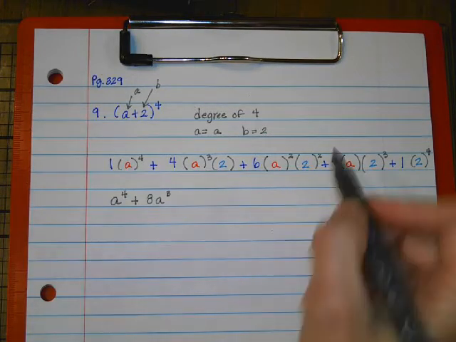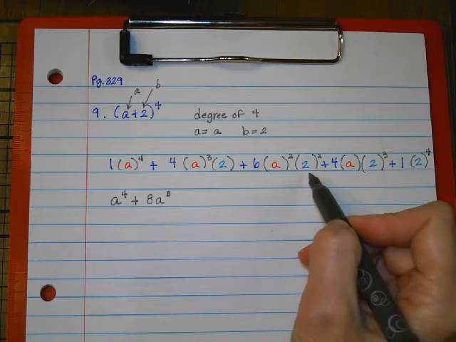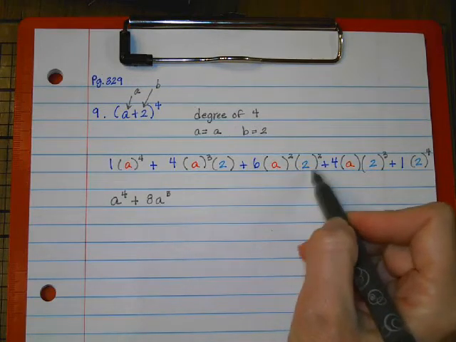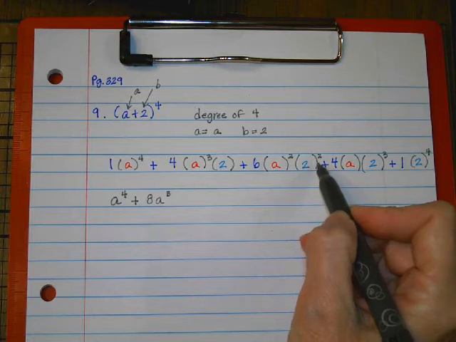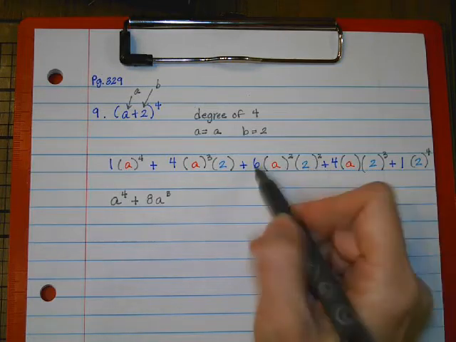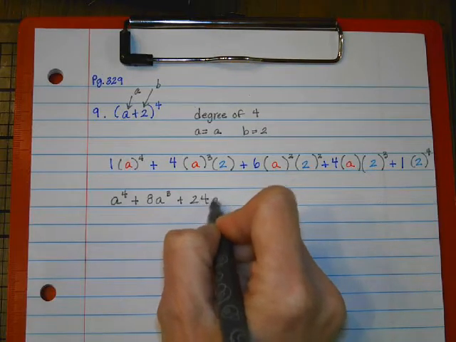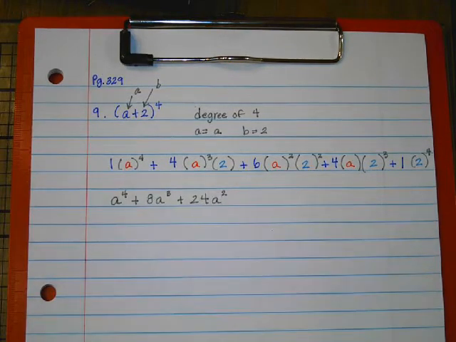All right, I know A to the second is just A to the second, but I've got to know what 2 squared is. 2 to the second power is 4. And 4 times 6 is 24. So 24A to the second power.